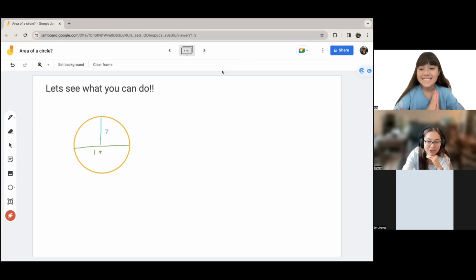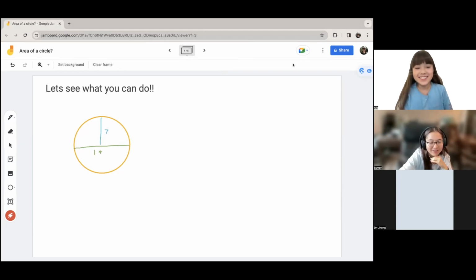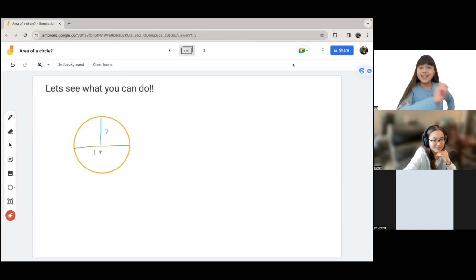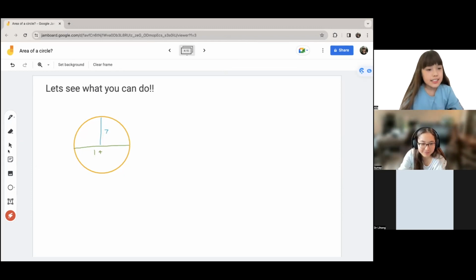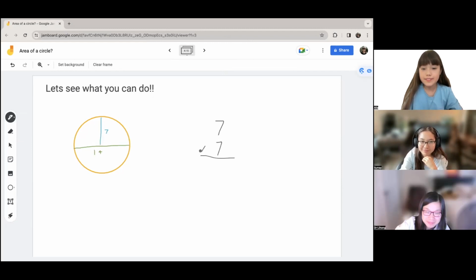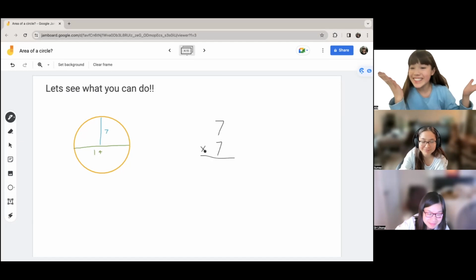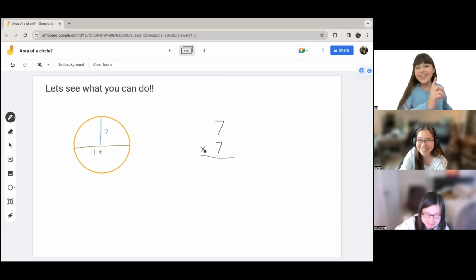You gotta square the radius, which is 7. Exactly. So here we see that the radius is 7. So we can take 7 times 7, right? So what is 7 times 7? 49.